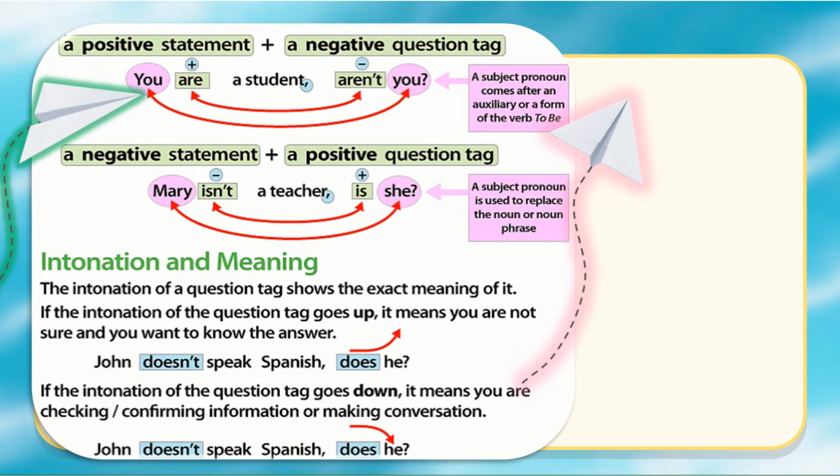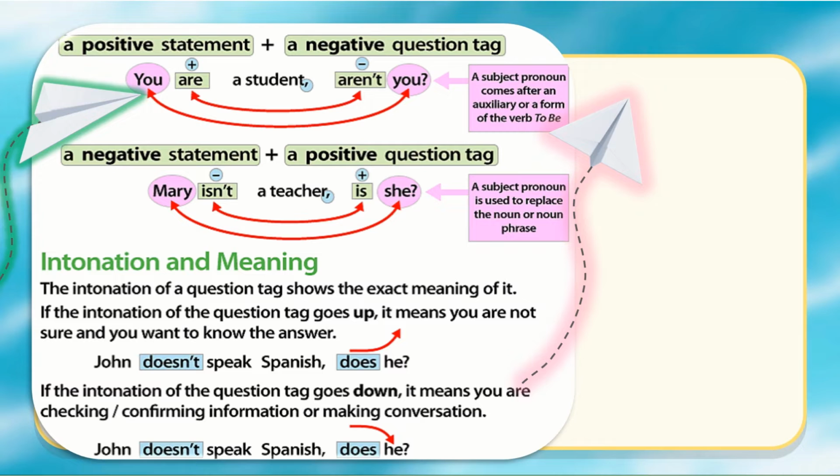Does he? If you notice here, you have to raise the intonation in does, right? Does he? So, a rising tone at the end of a tag question indicates that it's a real question. The speaker wants to know something or wants someone to do something.